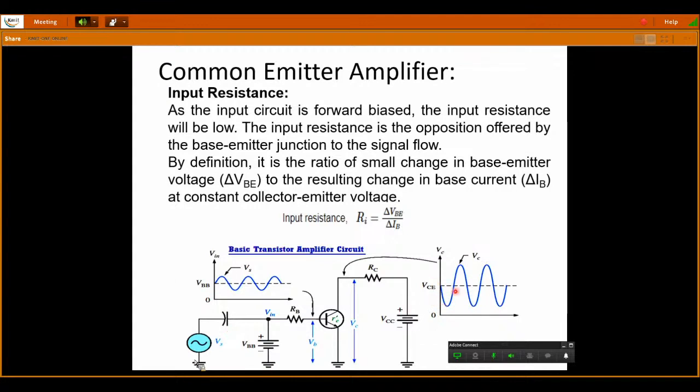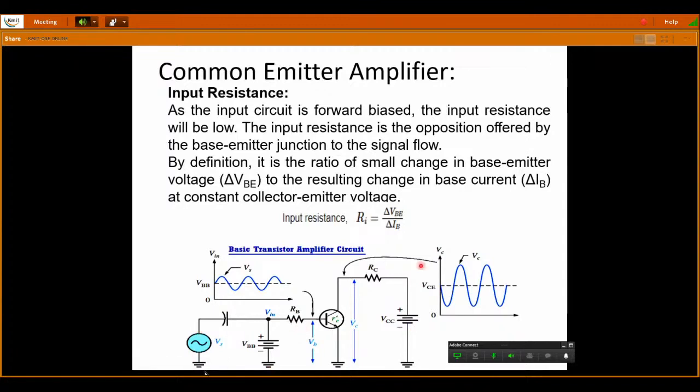So for a positive applied input voltage you have a negative output voltage, and for a negative applied input voltage you have a positive output voltage. Only in the common emitter amplifier is the output 180 degrees out of phase with the input, whereas in common base and common collector there is no phase difference between input and output.